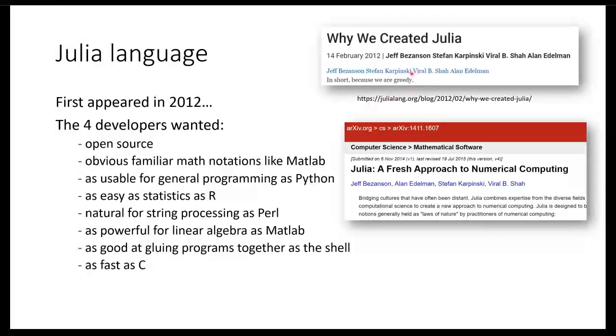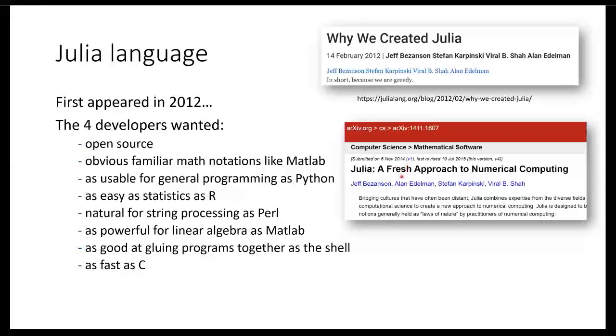If you are interested, you should go back to these 2 articles. The first one was published in 2012 as a blog article by these 4 initial developers of the Julia language. The title is Why We Created Julia. There the authors listed their reasons to create a new language and also what they wanted from this new language.